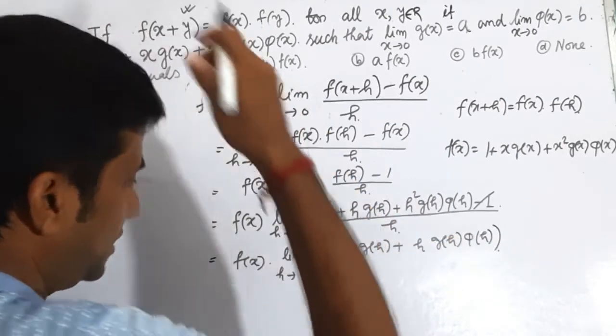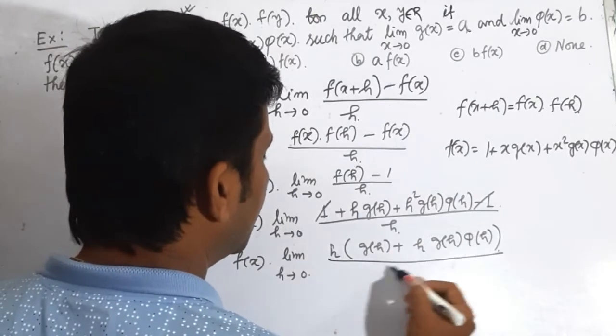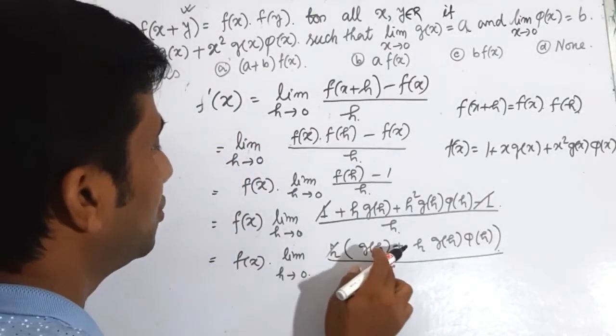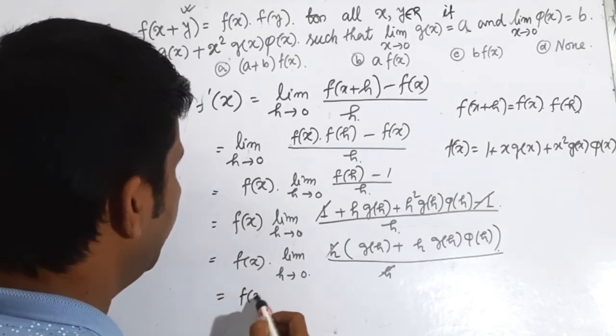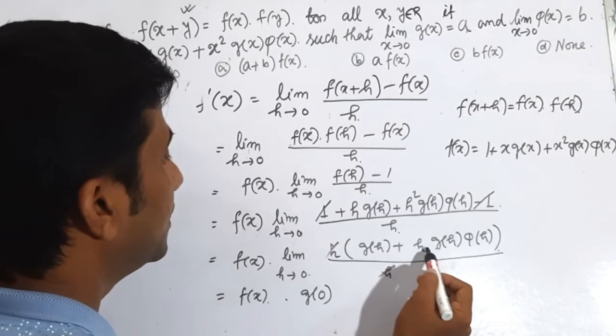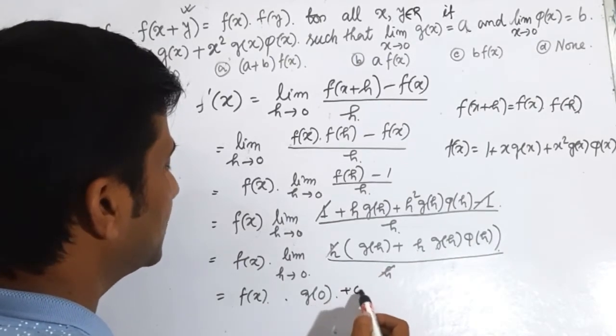We take h as common and cancel h. As h tends to 0, this is f(x) into g(0), and the other term is 0 into something, which means 0 plus 0.